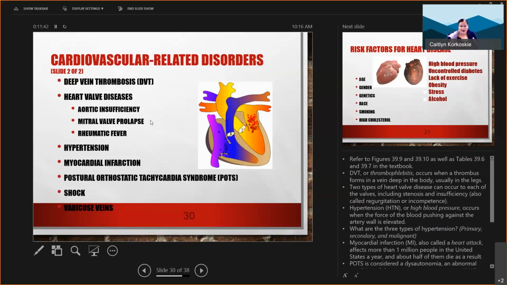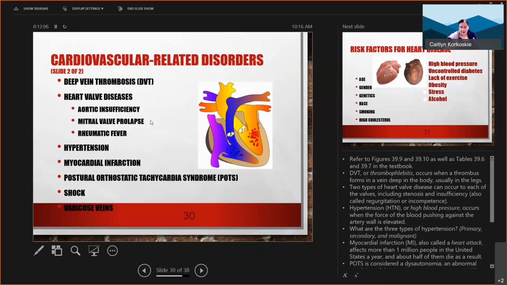The thrombus forms in a vein deep in the body, again usually in the legs, and creates a blood clot, so blood is not able to flow through there. The thing that's dangerous with that is if that clot does move, it can go into the brain or to the heart and cause a stroke or a heart attack.